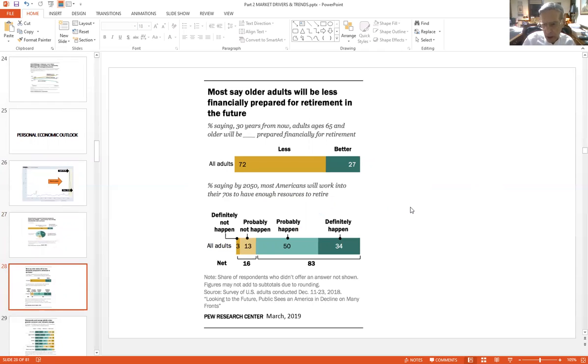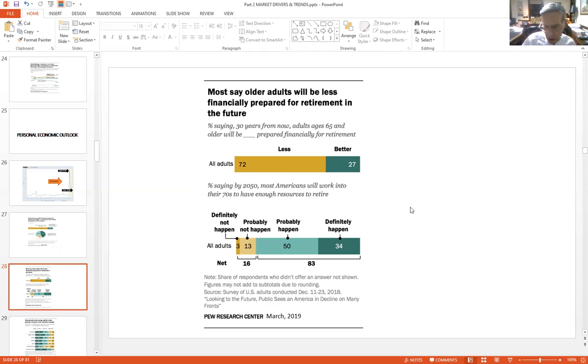Another interesting statistic from that same survey reported the portion of people saying that 30 years from now, adults aged 65 and older will be more or less prepared for retirement. And because costs are rising and incomes decline when people retire, 72% of respondents felt that seniors would be less prepared financially for retirement.